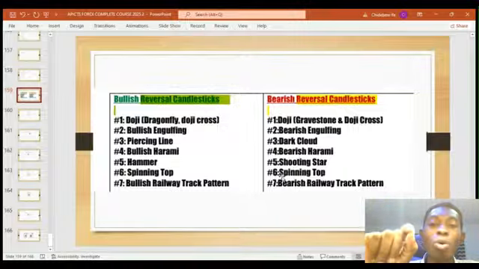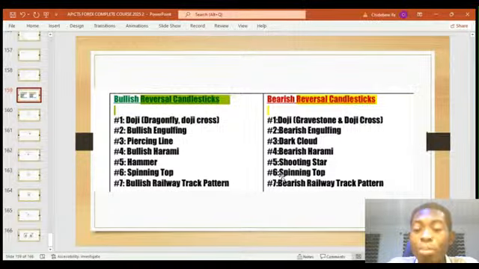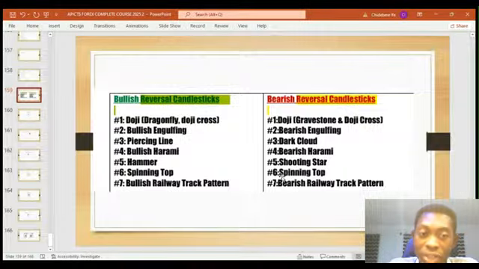The price opens and closes at the middle, the same price as opening and closing prices. So it is neutral, because within that time frame nobody is winning. The bulls aren't winning, the bears aren't winning. On the bearish side, we have the gravestone doji. I've talked about that before. Gravestone doji is a bearish reversal candlestick, because the final pressure is a bearish pressure.